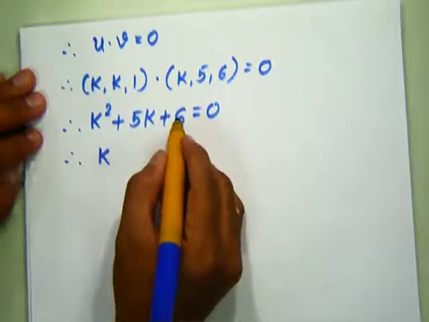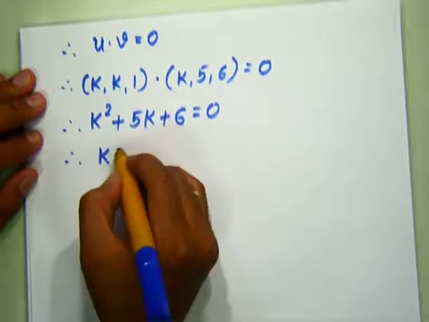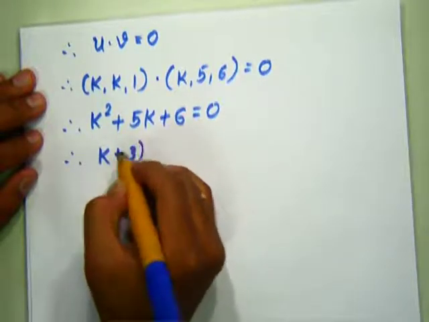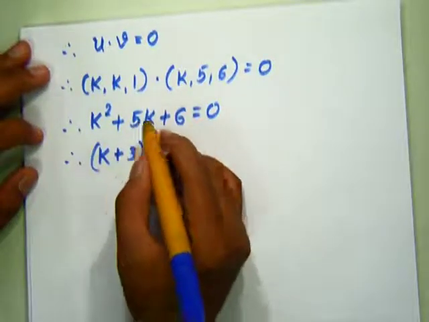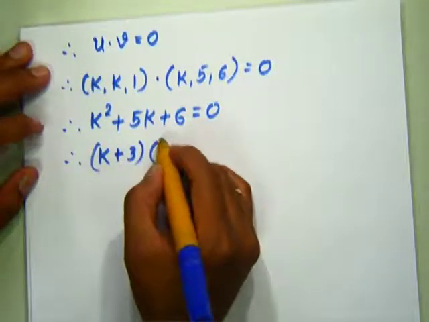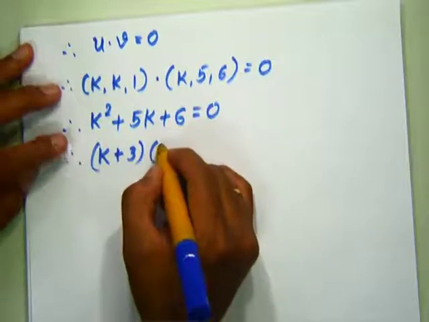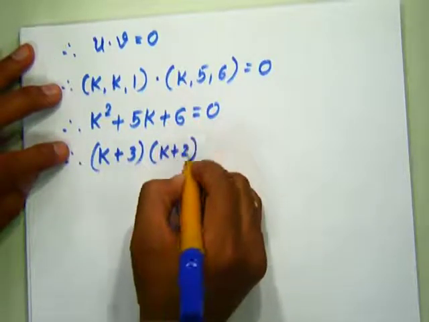So 6 can be factorized in such a way that the addition of the factors becomes 5. So it is 3 into 2 is 6, 3 plus 2 is 5. So K plus 3, K plus 2.